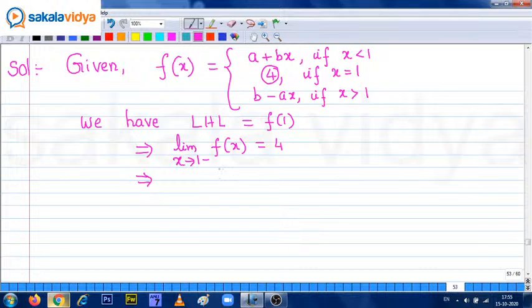When x is less than 1, the function is a plus bx, so a plus bx equals 4. Substitute the limit: a plus b equals 4. Say equation 1.